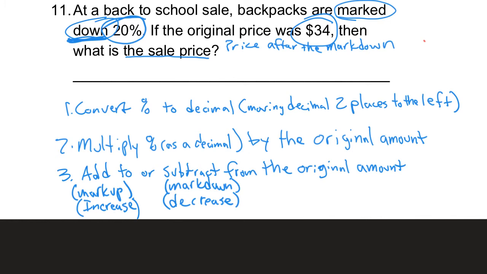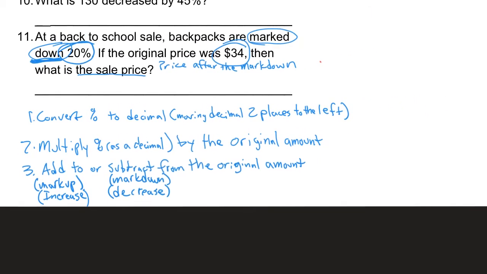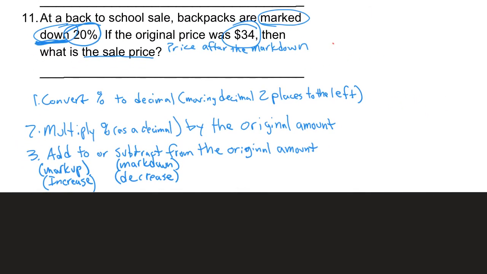Okay, now let's actually apply this to the problem at hand. So let's do it in red. I said I want to convert the percent to decimal. That's step 1. Well, I got 20%. So I'm going to convert it to a decimal, which is where I move 1, 2 to the left. So I have 0.2. I don't need the extra 0 on there.